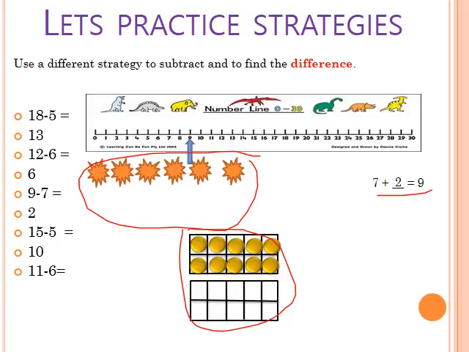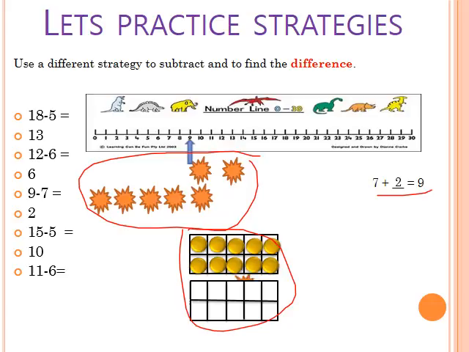Now, 11 minus 6. We had 11. That's 1 gone, 2 gone, 3 gone, 4, 5, 6. How many do we have left? 5.